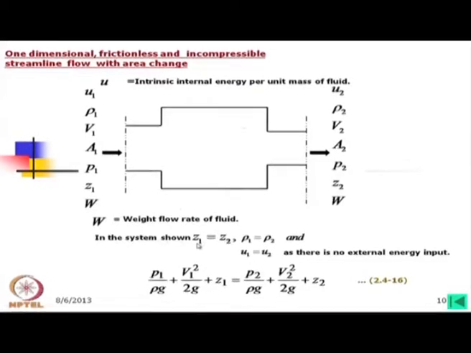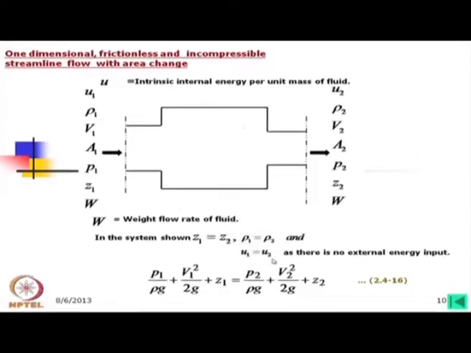Clearly, in this case what we have considered in this system is that z1 is equal to z2, because this is horizontally placed, we have neglected that part, and rho 1 is also equal to rho 2, because the change in pressure is not changing the density, or whatever change is there, that is negligibly small.